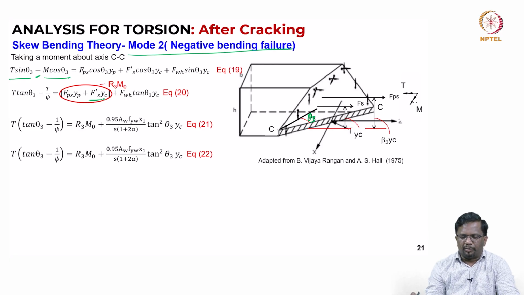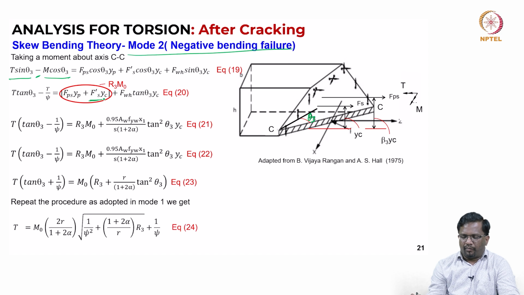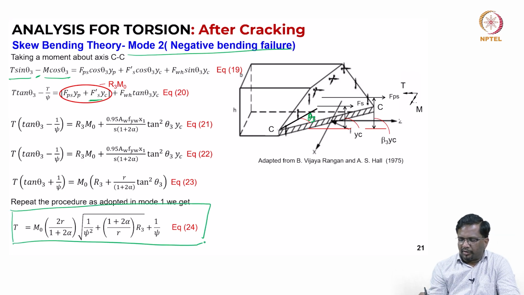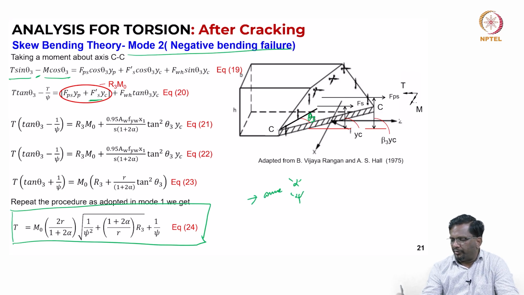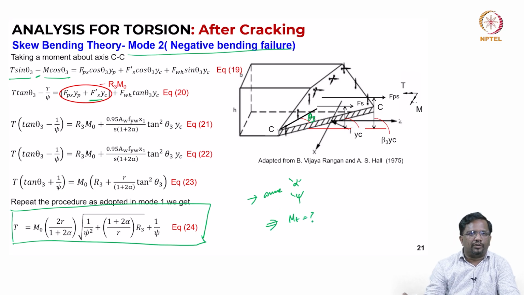With further simplifications, for this particular failure mode, the negative bending failure mode, how do we convert the torsion into an equivalent bending moment can come from this particular equation. Again, I can assume some typical alpha values and psi values, and then I can find an expression for my MT. That is the whole idea.